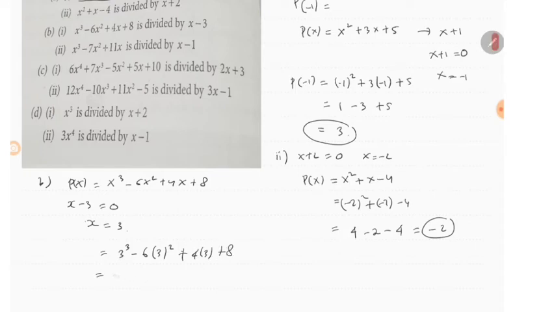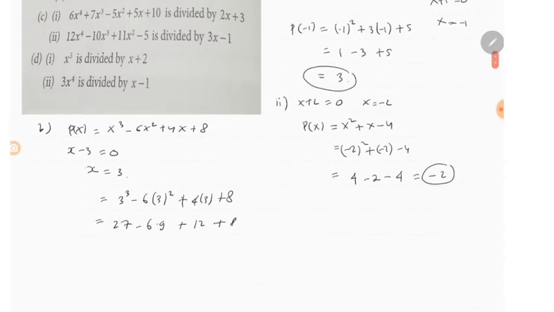Then 3 cubed equals 27, minus 6 times 9, which is 54, plus 12 plus 8.